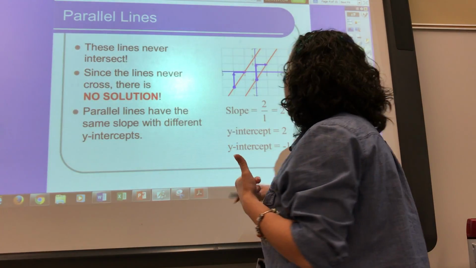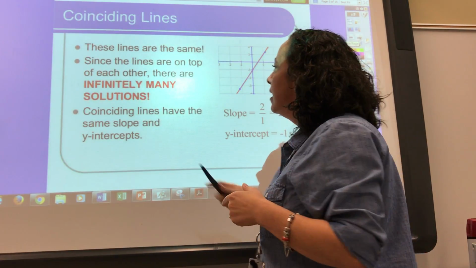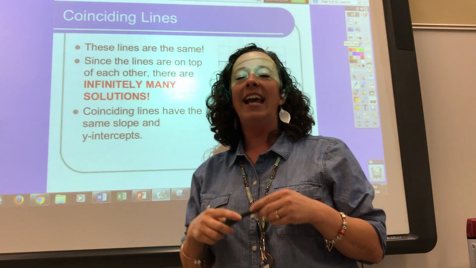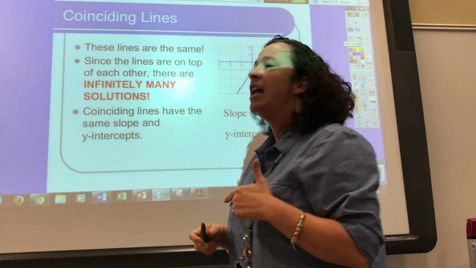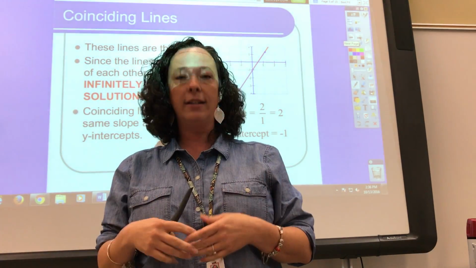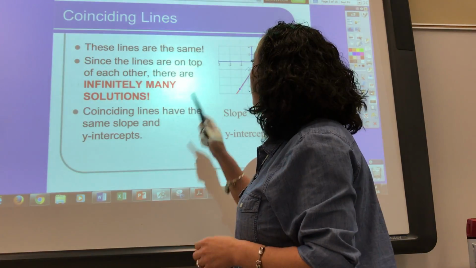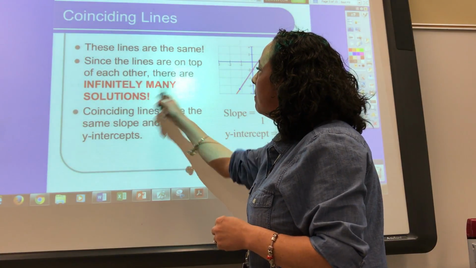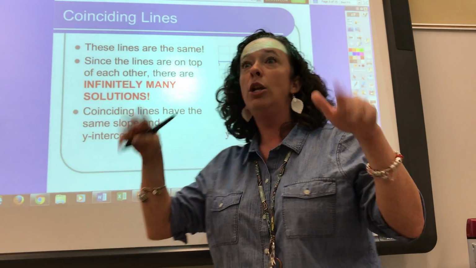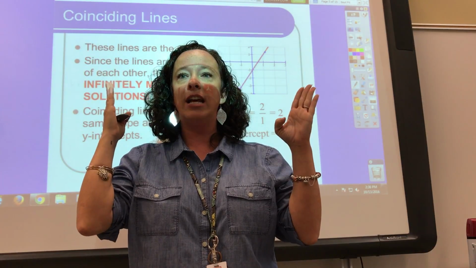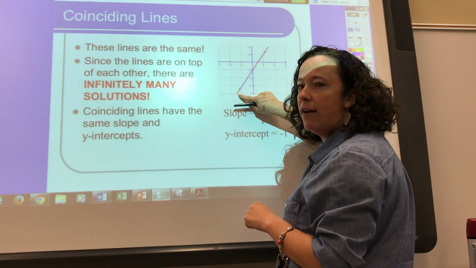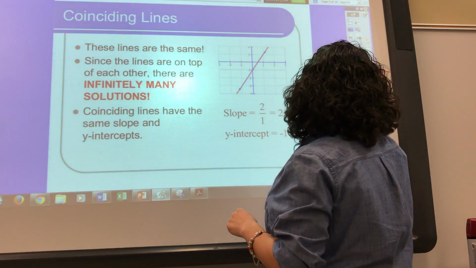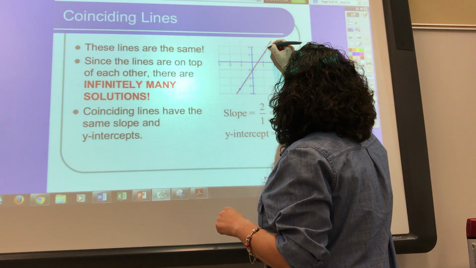So the third type is lines that are actually the exact same. They're exactly the same. And you might wonder, how would I graph two lines that are exactly the same? Well, they get graphed right on top of each other. And since the solution is the intersection points, these two lines, the red line, if you look very carefully, and the blue line are exactly the same line.